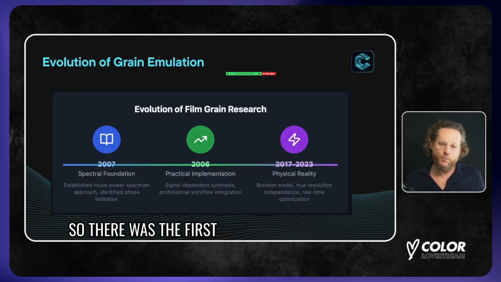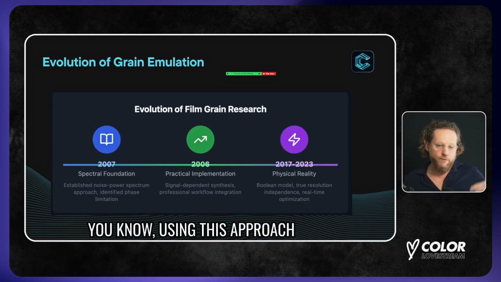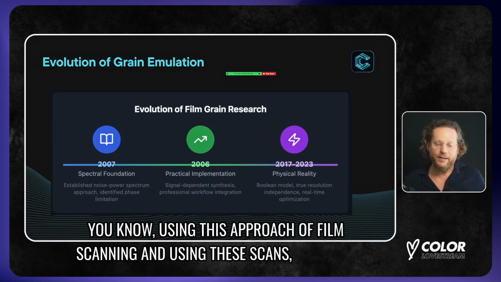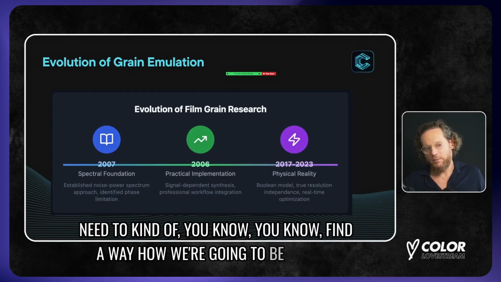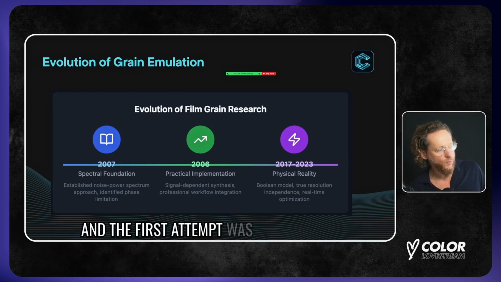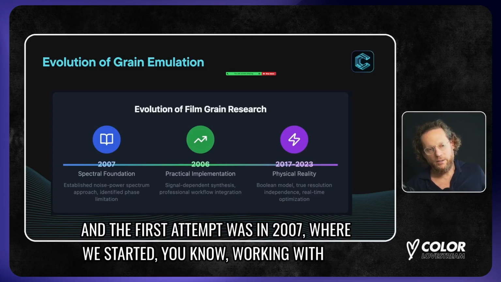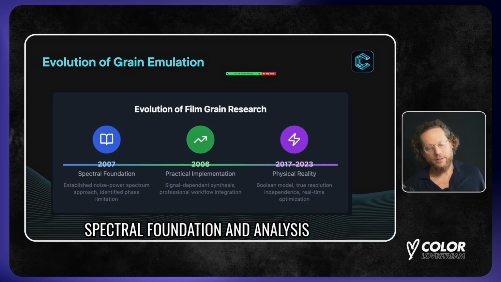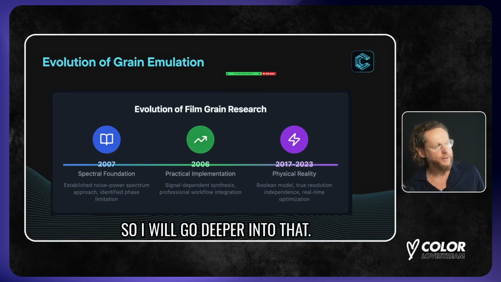That was the first breakthrough, where we said, okay, instead of using film scanning and these scans, we need to find a way to generate grain. The first attempt was in 2007, where we started working with the spectral foundation and analysis of an image and so on.